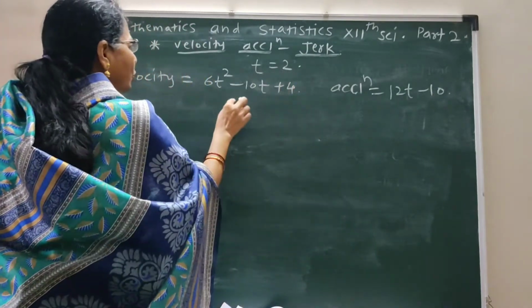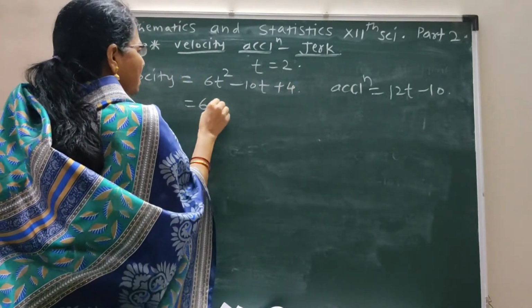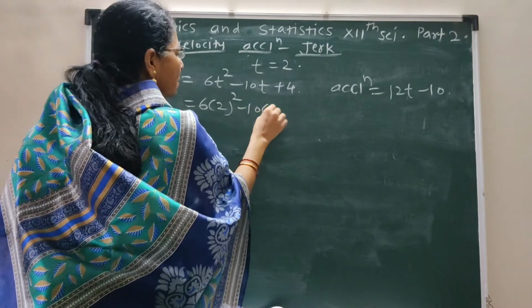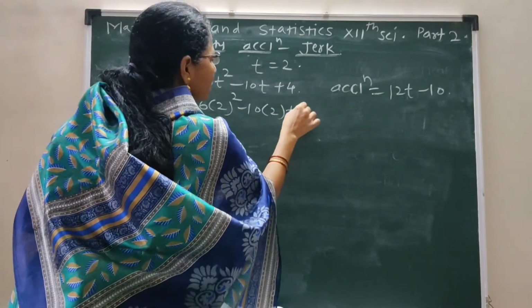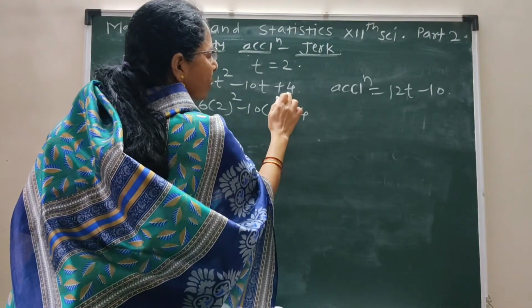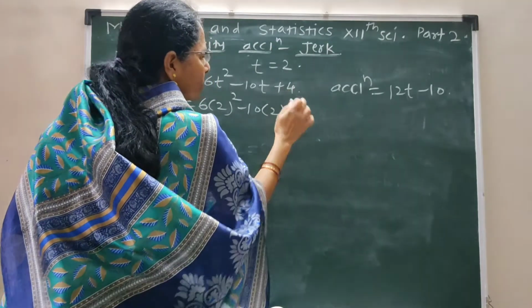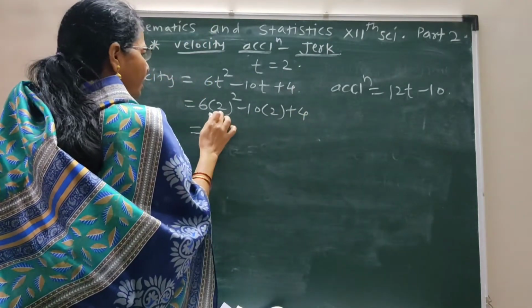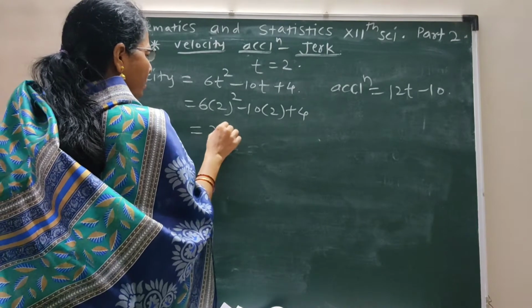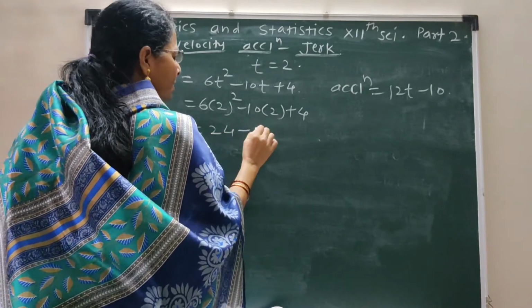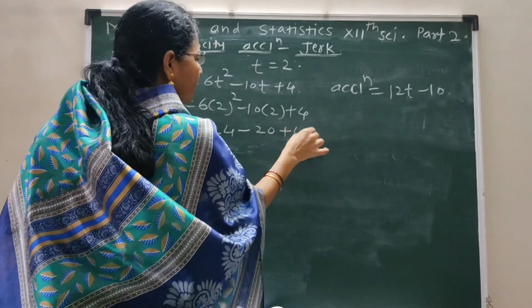Put here t equal to 2: 6 into 2 square, don't forget the 4. So this is 6 into 4, 24 minus 20 plus 4.